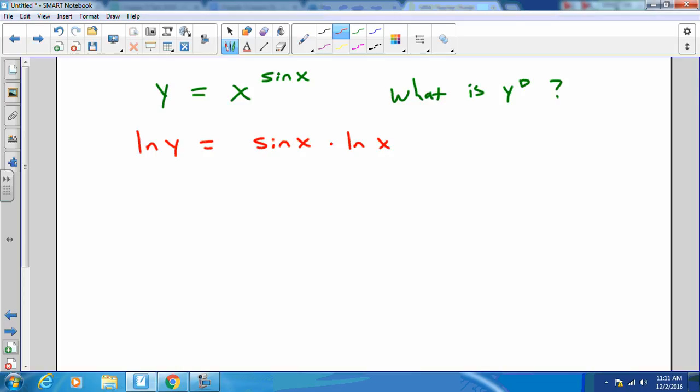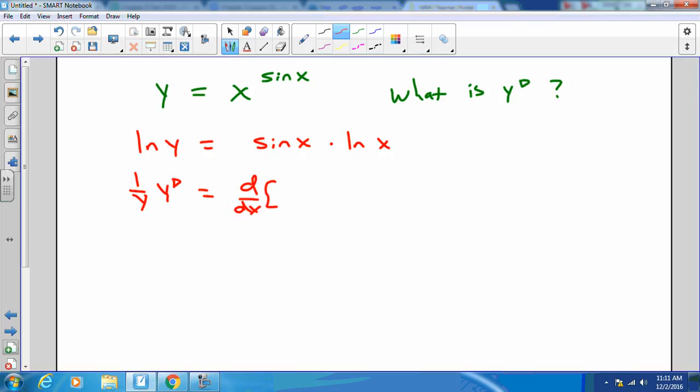Take the derivative. And when I take the derivative with respect to x of ln y, what do I get every time? Yep, 1 over y times y prime. Good. What happens when I take the derivative of the right-hand side? Davon, you got this?